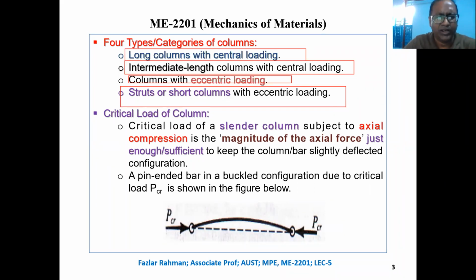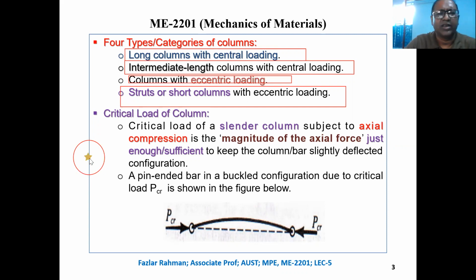Eccentric loading, we already explained a little bit. Say a column has a circular cross section. If I draw the cross section, it will look like that, right? If you apply the load at the center, right over here, that means the load goes through the CG of the cross section. So this will not be eccentric. That means central loading.